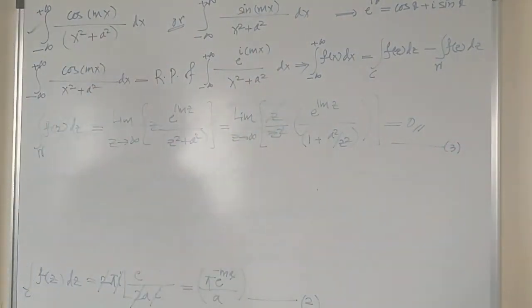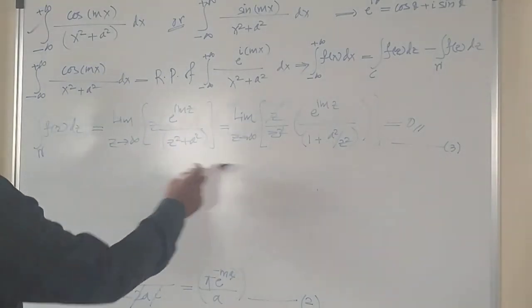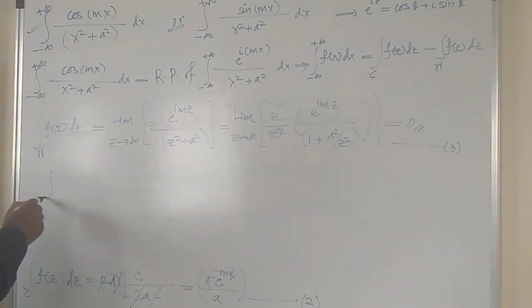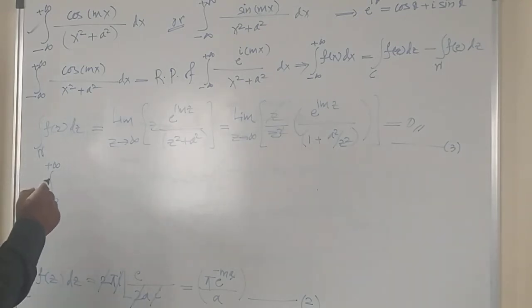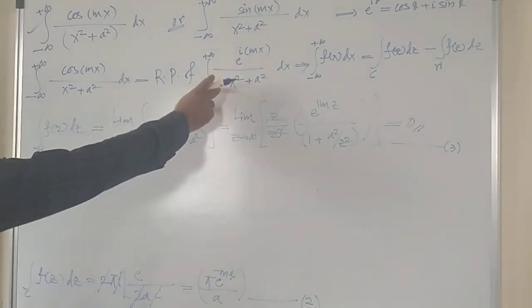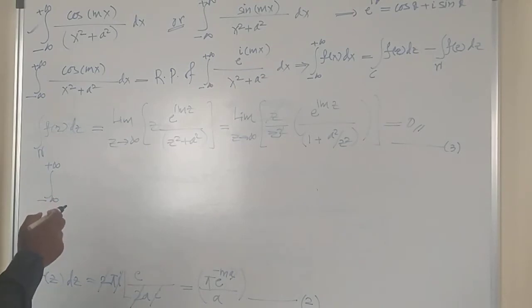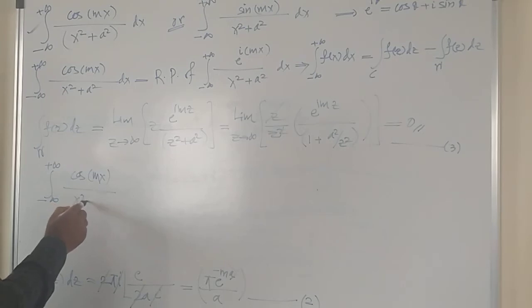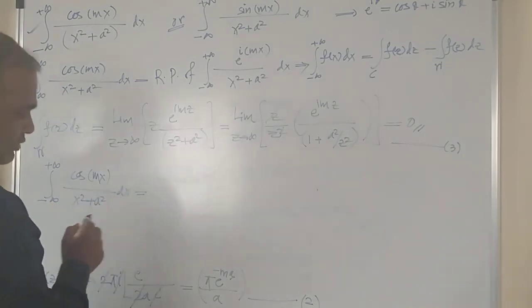Now put the values of equation number 2 and 3 into equation number 1. Equation number 1 is for the integral. Put it into the above equation, which will give you the solution of this integral from minus infinity to plus infinity of f of x dx, which is nothing but e raised to i m x upon x square plus a square, and its real part, that means cos of mx divided by x square plus a square dx, is equal to how much?